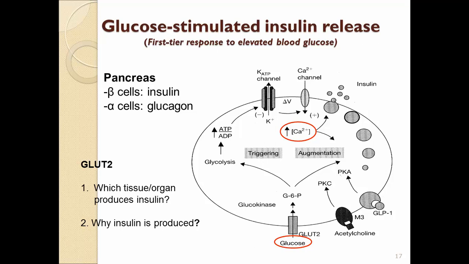So again, glucose is taken up by GLUT2, goes to the glycolytic pathway and makes ATP, increasing the ratio of ATP to ADP, and then closes the potassium channel, causing the depolarization of the membrane, and this will lead to opening of the calcium channel and increased calcium influx, right?